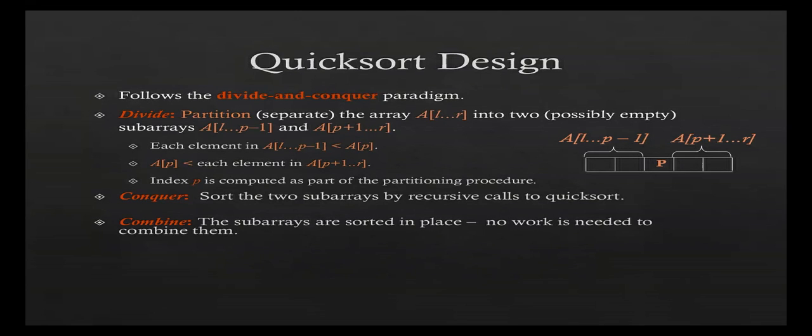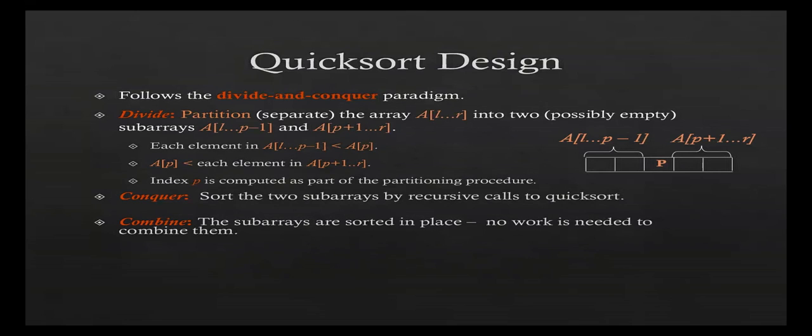The divide step makes a partition into two sub-arrays. The first array we can treat as A1 and the second array as A2. We make the partition at a certain position, for example, P is the index where it makes the partition.